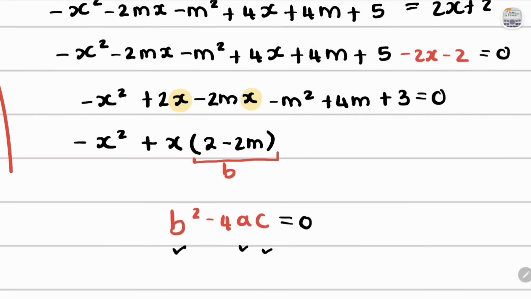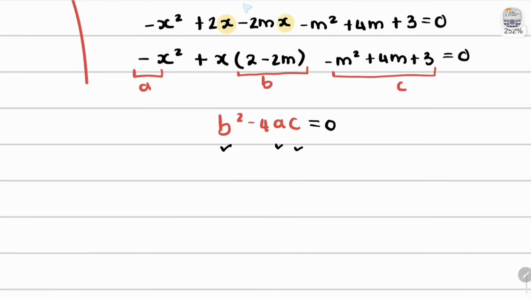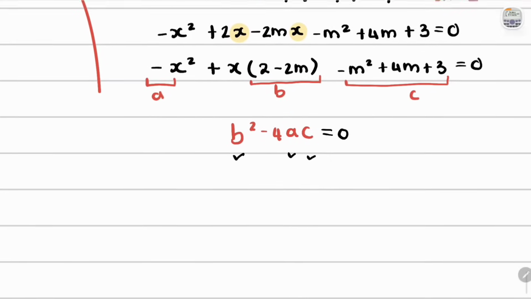Okay, and then the constant is just everything that does not have x in it, which would be all of this. So that's minus m squared plus 4m plus 3, and then we have is equal to 0. So we know what a is, we know what b is, and we know what c is. We can substitute it and find out what this will be.